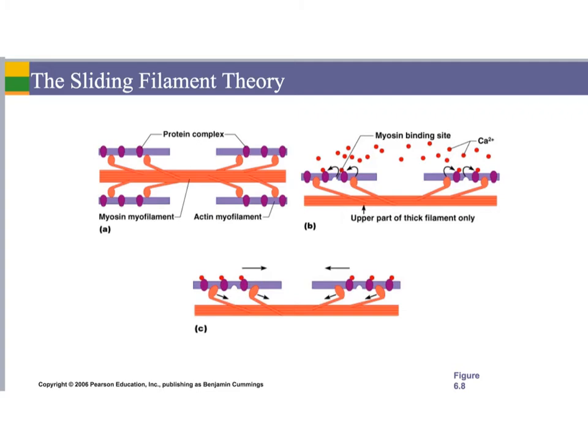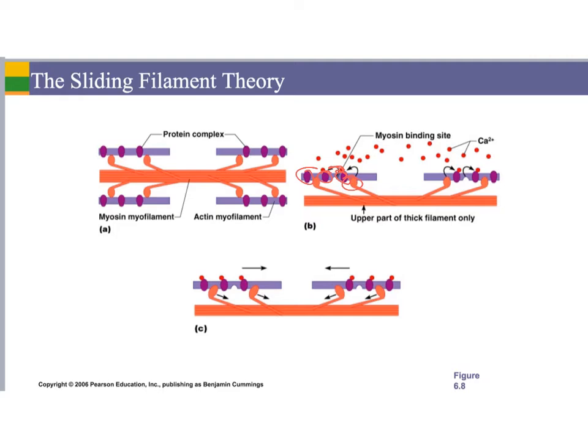So that calcium, remember, the calcium that's released by the terminal cisterna of the sarcoplasmic reticulum, is going to bind to the troponin, and it's going to move that troponin out of the way so that the myosin heads can bind, forming cross bridges.